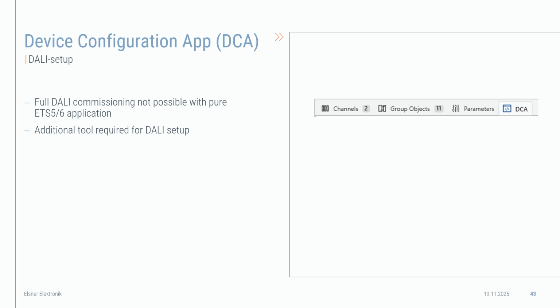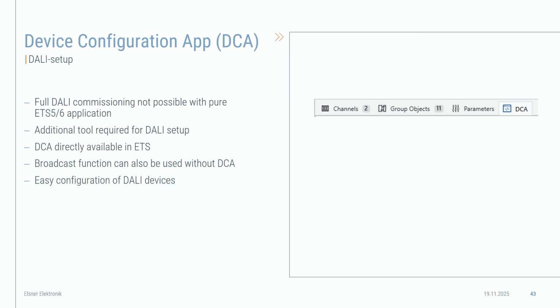By adding the DCA, our device configuration app, into the ETS, it will appear directly in the software and allow an easy configuration of the DALI device. Broadcast commands can still be used even without the DCA. The app also provides monitoring and diagnostic functions, making it simple to check the device status and troubleshoot when needed.